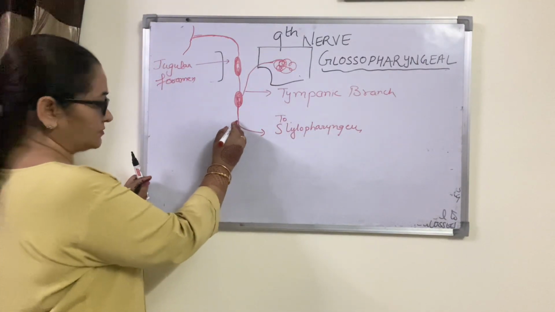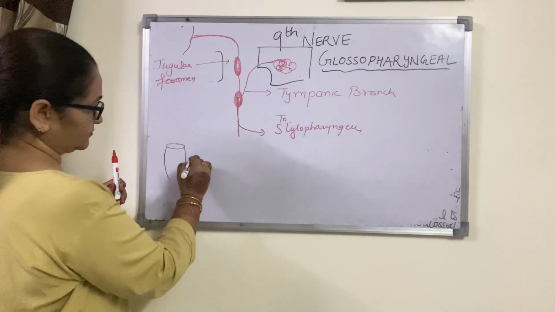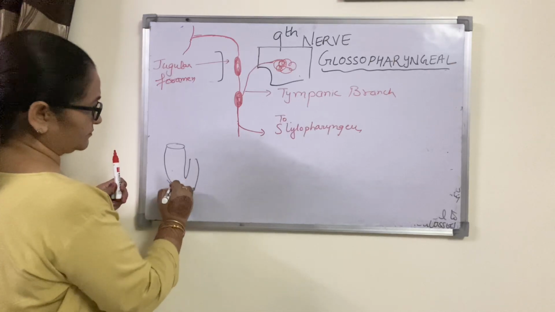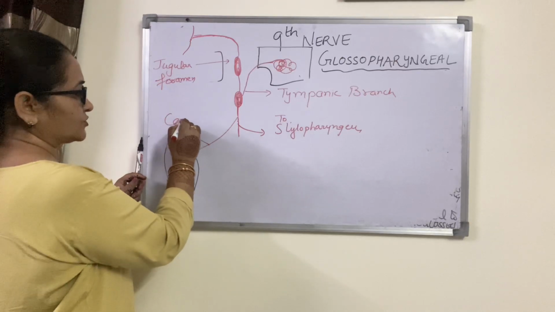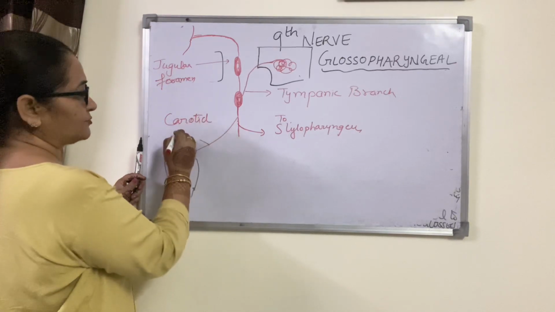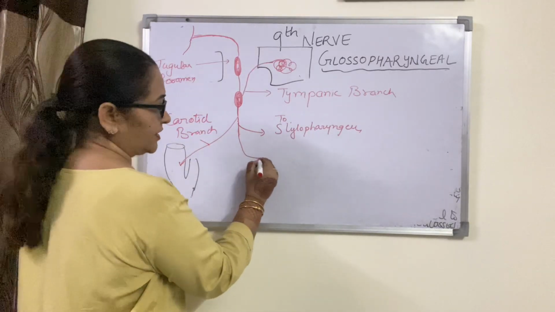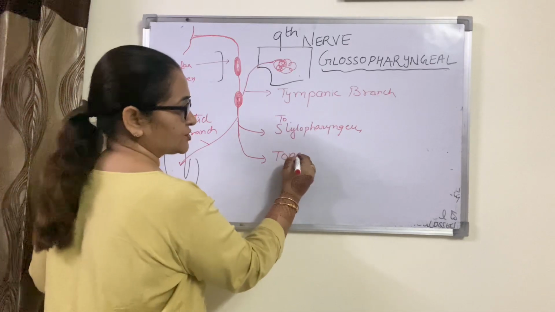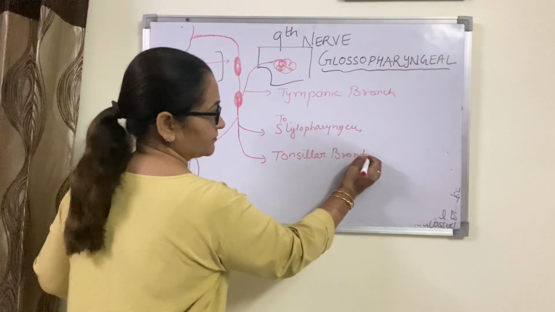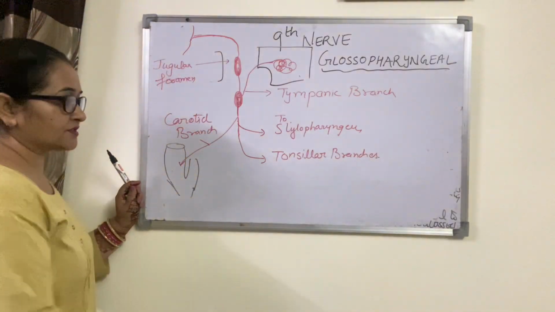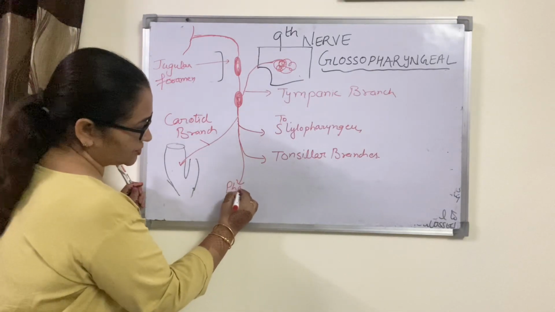Then it gives the carotid branch, carotid branch to carotid sinus and body. Then it gives the tonsillar branches. Then this nerve gives the pharyngeal branch.